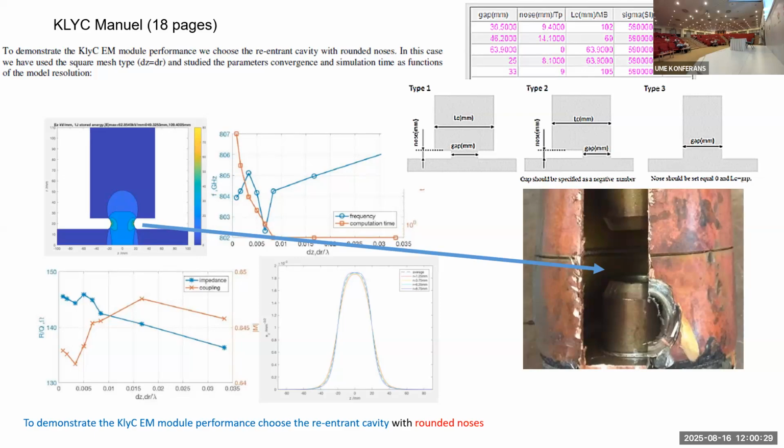Okay, let's see. This is the gap, 3 centimeters. Nose. The nose radius of curvature is 9 millimeter, and other things. Sigma is the conductivity.